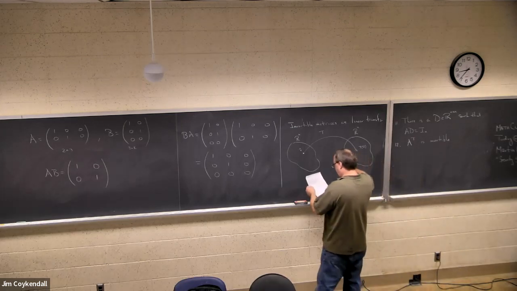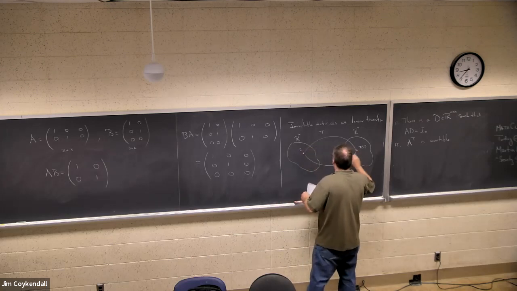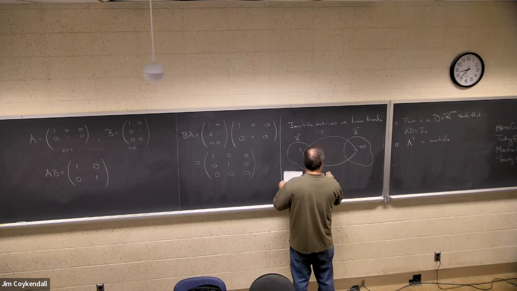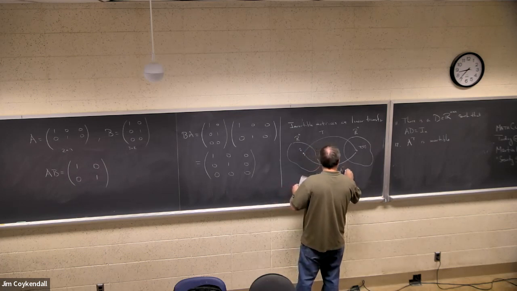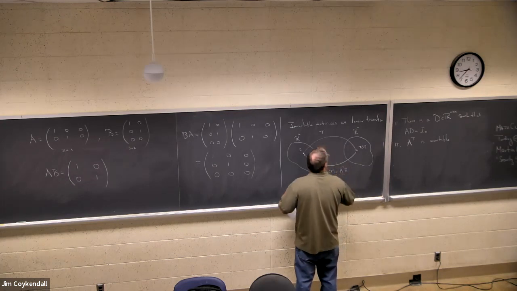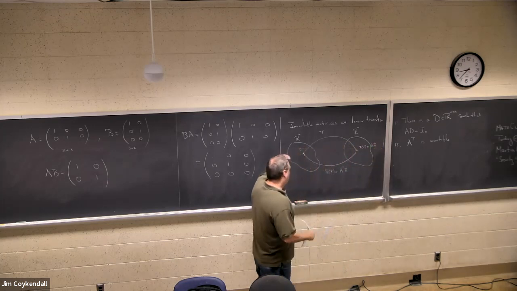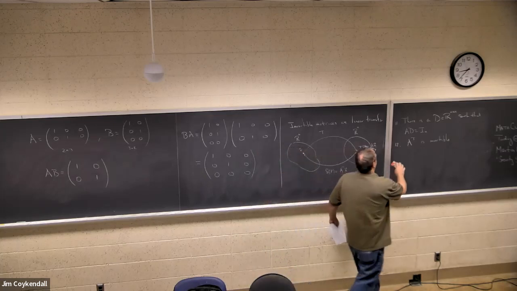So there is a transformation S. You can go back here. So what happens when you do T and then S, these two linear transformations?